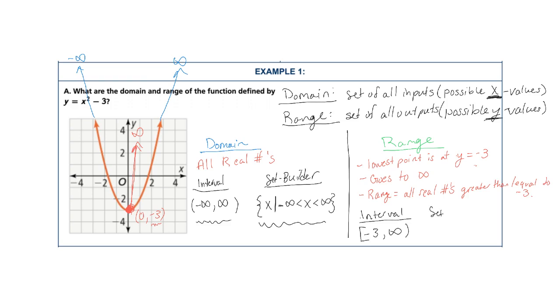Then the set builder, finding the set of all y values, it starts at -3, is less than or equal to our y, which is less than infinity. Okay, so remember a few things: the brackets are for if it's greater than or equal to, or less than or equal to.